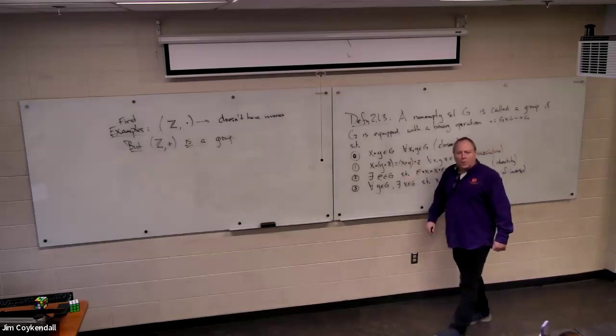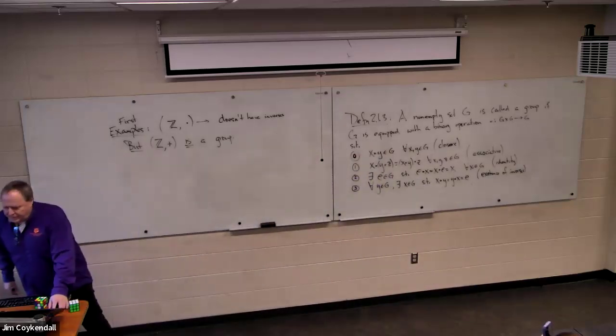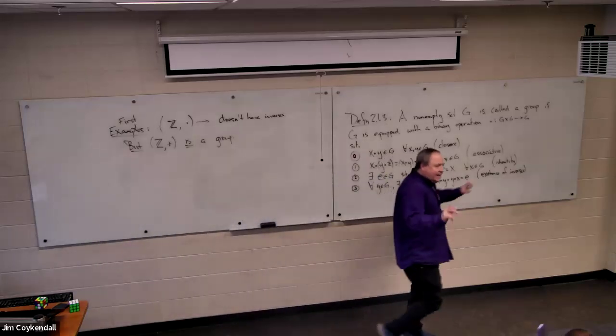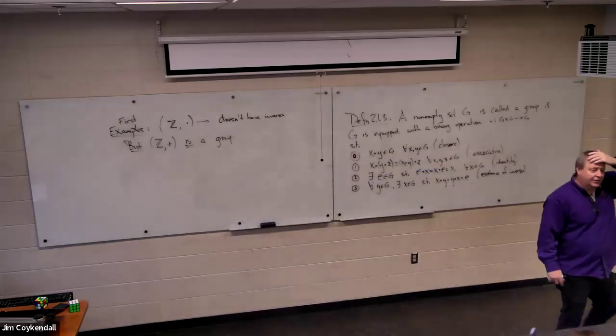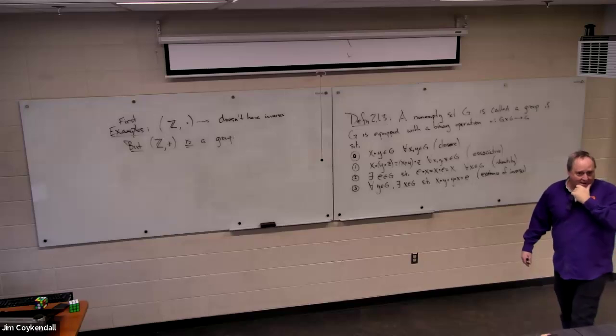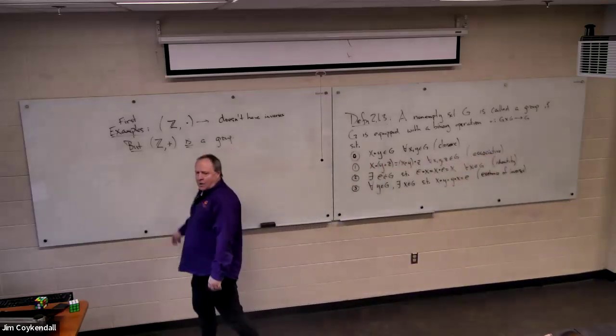What's the identity for adding the integers? 0. 0 is the integer that leaves everything alone. And what is the inverse of an integer under addition? What's the inverse of 7? -7, right? It's just the minus sign. And the negative of any integer is still an integer. Everybody agree with that? So this one's good to go. Okay.